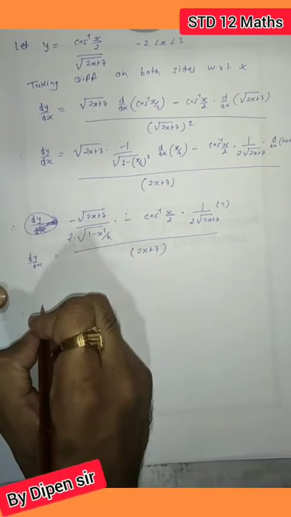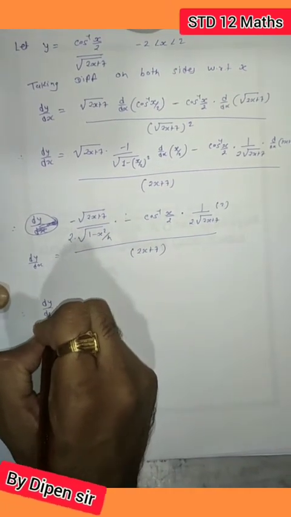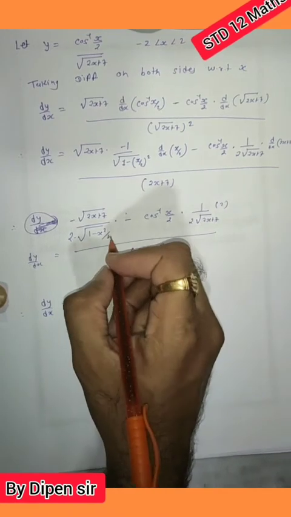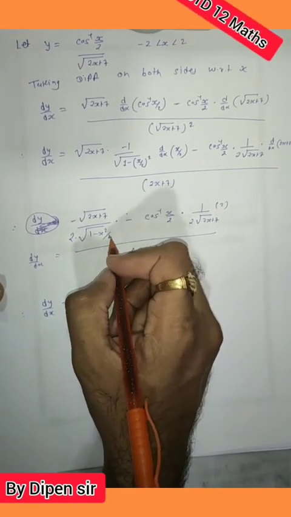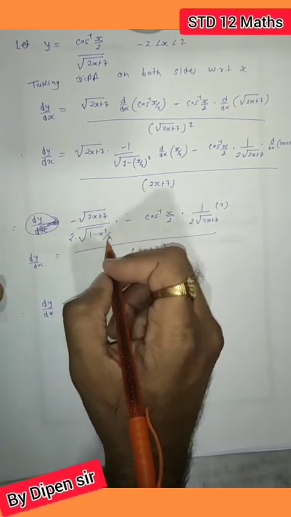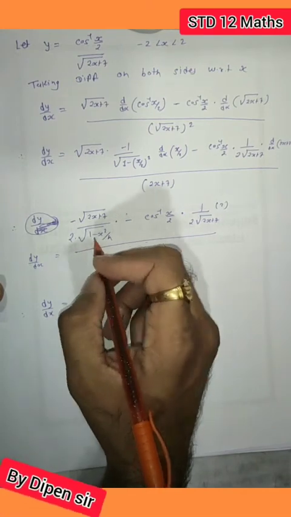Therefore further simplification: dy by dx is equal to, now the simplification is 4 minus x square divided by 4, so that 2 will be cut.